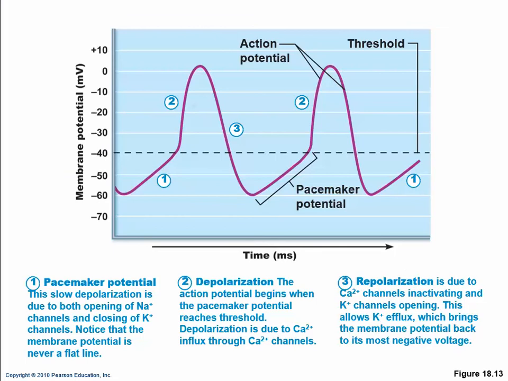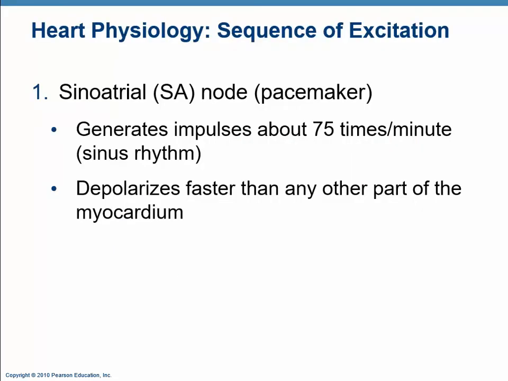So it follows this, and it's rhythmic. The first place we have a bunch of these pacemaker cells, gathered together right on the wall of the right atrium, right beside where the atrial sinus comes in. We call this the sinoatrial node, the SA node.